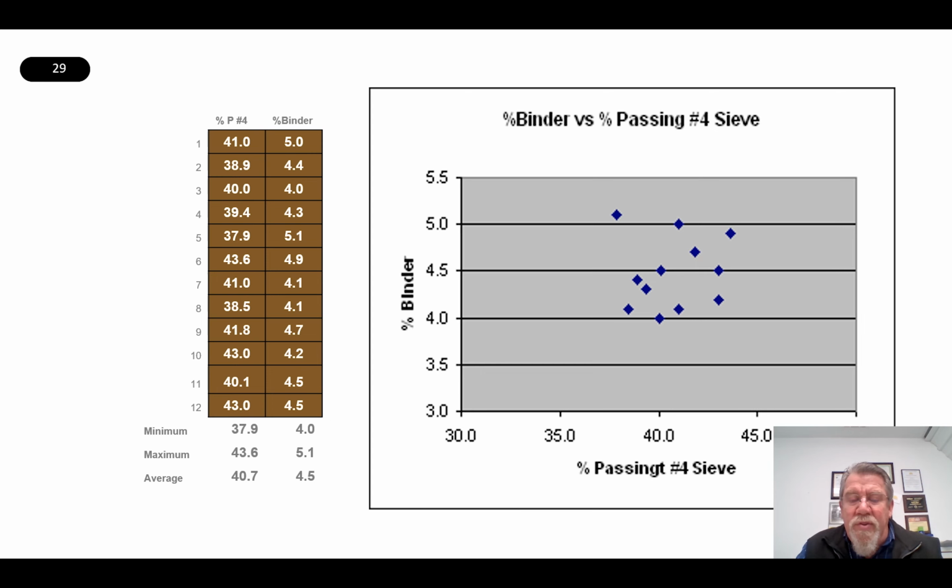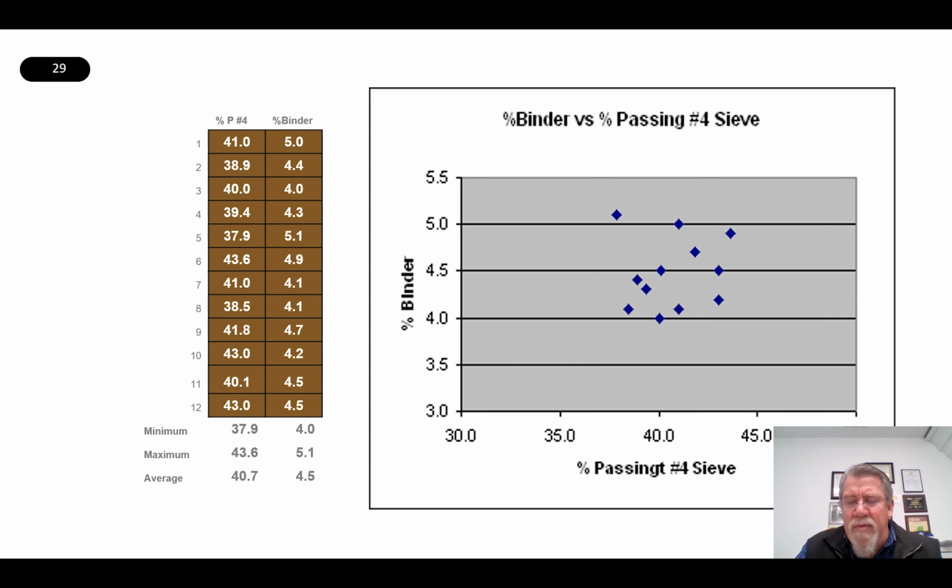It's just looking at your binder content versus your passing the number 4 sieve or number 8 sieve, whichever you prefer. When you have this type of effect, it's kind of a shotgun effect. It could be something wrong with the plant, most likely.